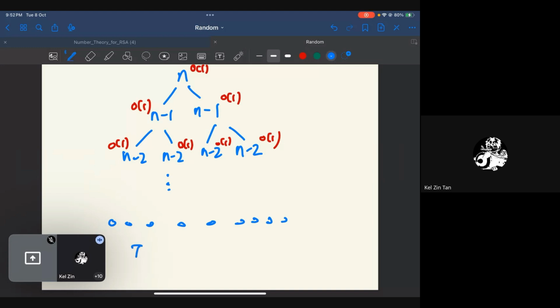So T(n) is equal to the number of nodes in the recursion tree. Now the question is, how many nodes do we have in this tree? Any guesses?